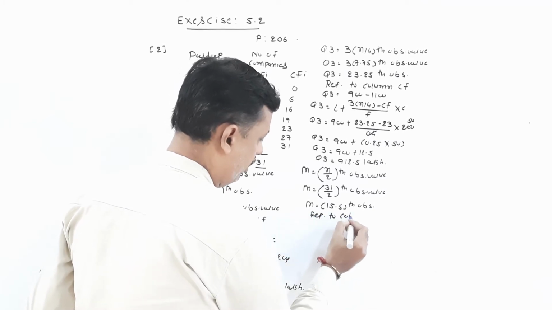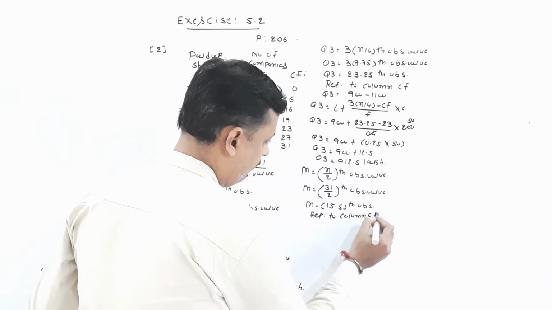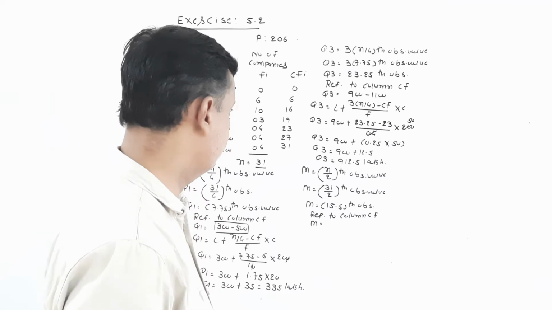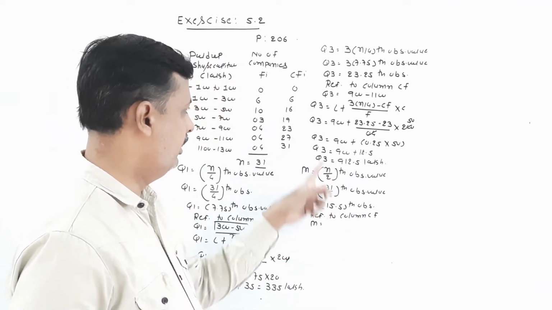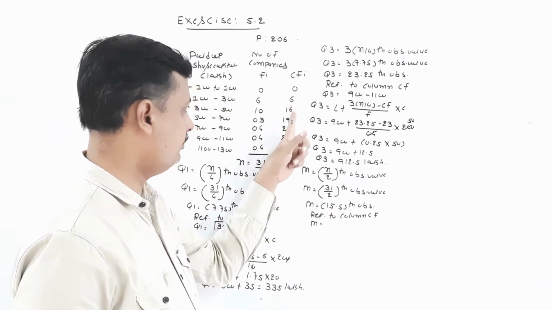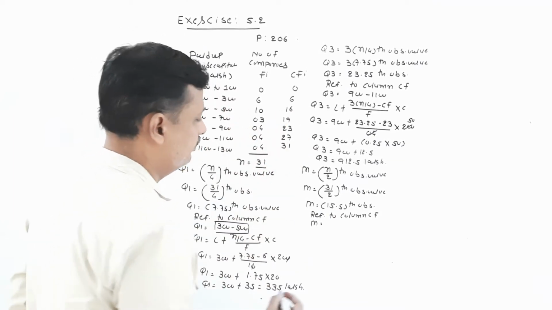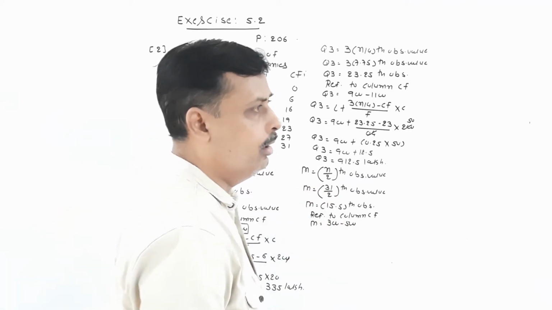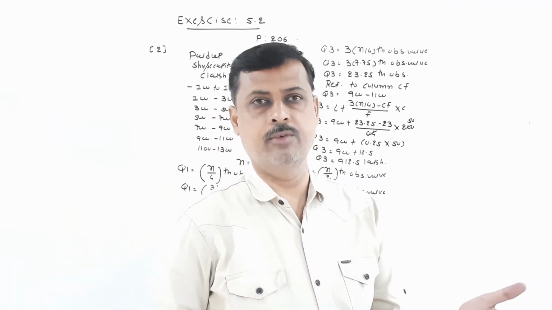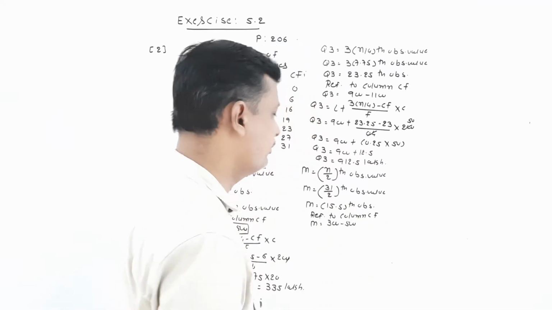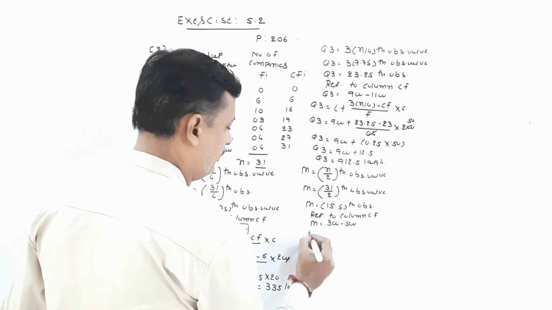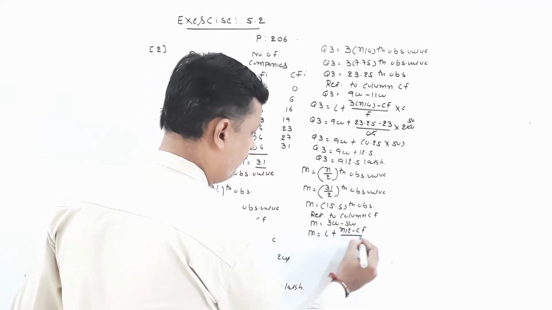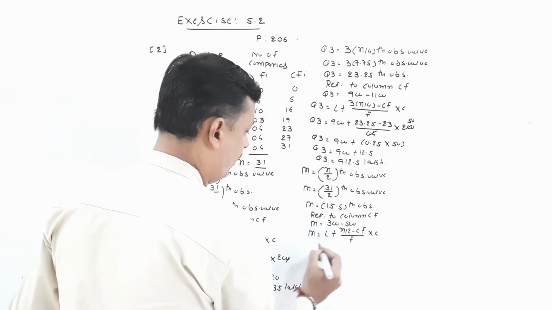Now refer to column CF. 15.5 is not possible in 0, not in 6, it will be found in 16, so the class is 300 to 500. And here the exclusive class is already given, so directly we apply the formula. Median is equal to L plus n by 2 minus CF upon F into C.